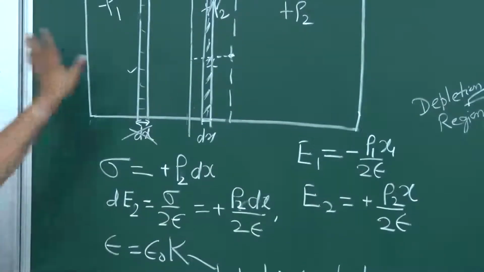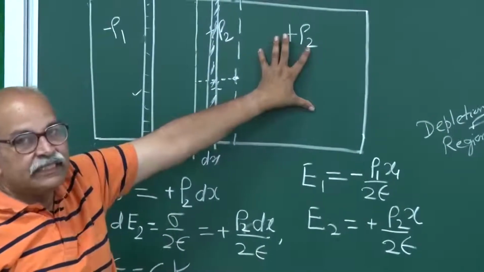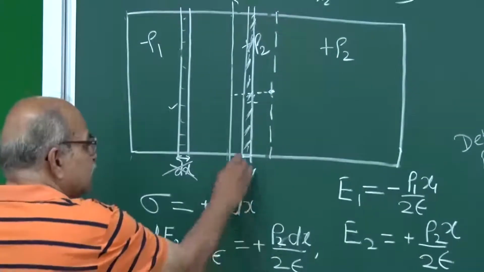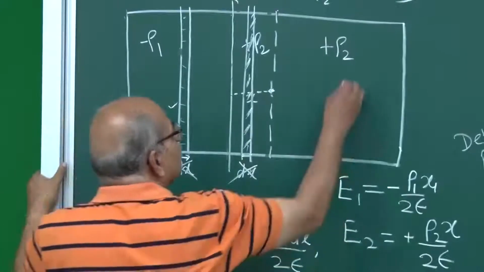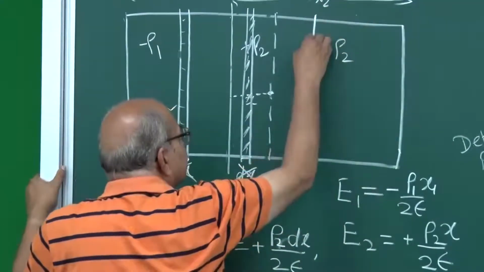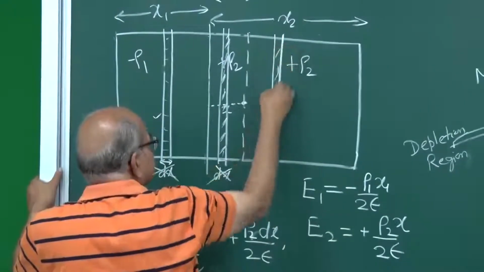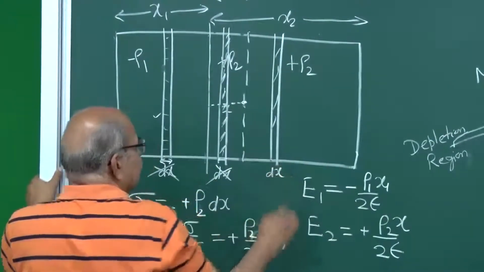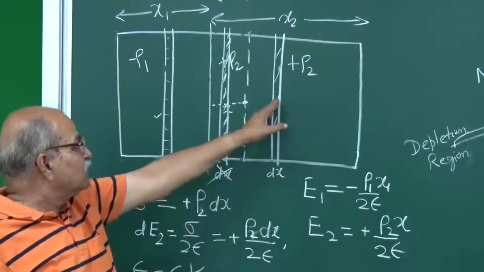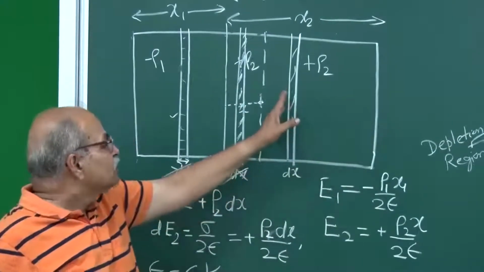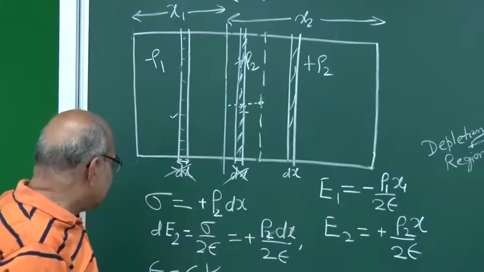What remains is the electric field due to this part. So let's calculate that also. This dx is also over. Now let me take a layer here, this dx, and because of this you calculate the electric field here and then integrate from this point to that point. So once again you can write dE3.